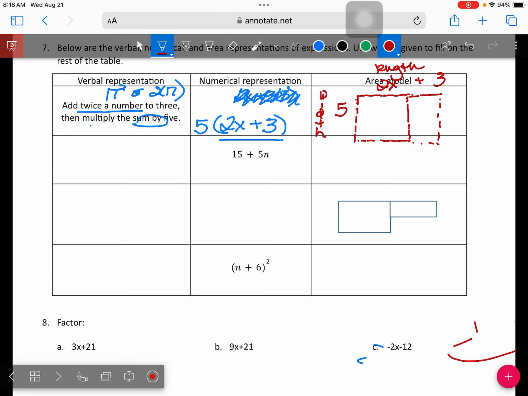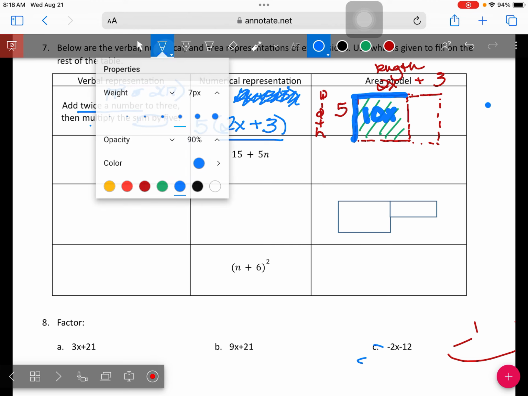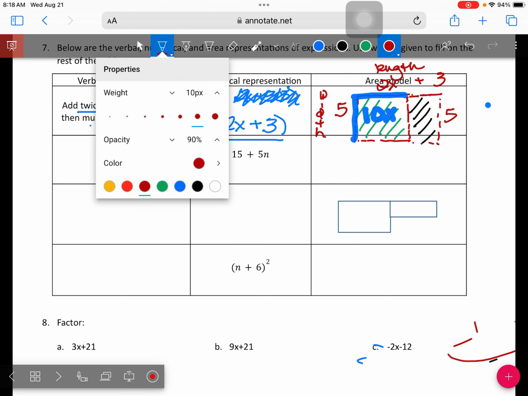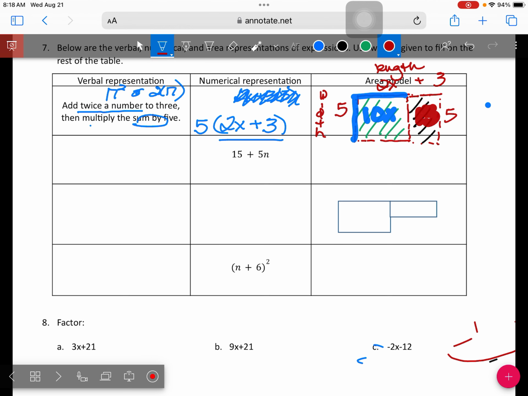Okay? What am I going to show for this middle part? Right here. What is that area? 10x, yes, because it is 5 times 2x, which is 10x. And what is this other part over here? The other area in black? 15, yes, because this 5 is the same width over here, correct? So 5 times 3 is going to give me 15.